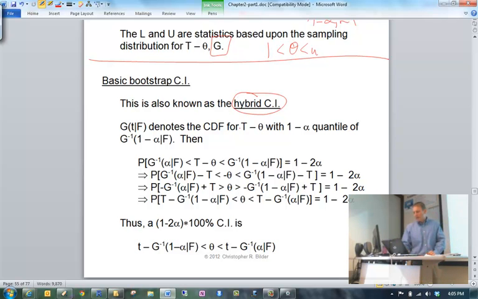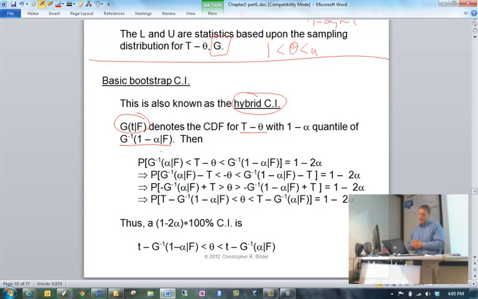Let's say that T minus theta has a corresponding CDF of G of t given F. It's going to be important to make sure that we have the F there so we know what we're talking about. And a corresponding quantile from this distribution, of course, is G inverse of 1 minus alpha given F.